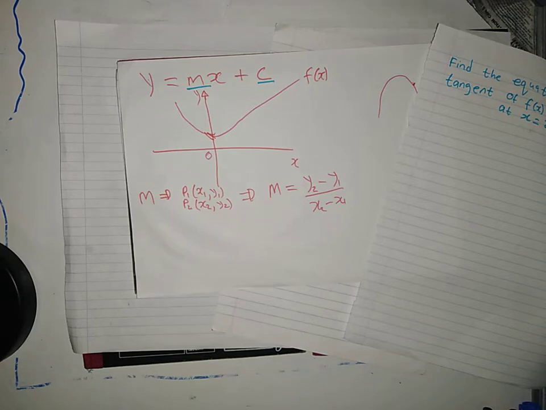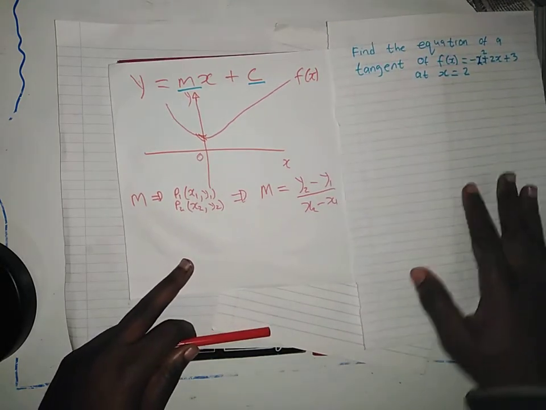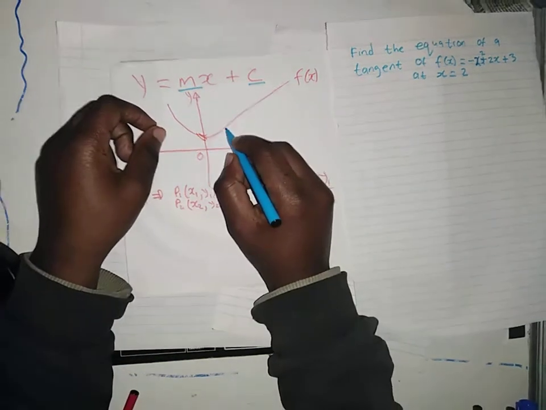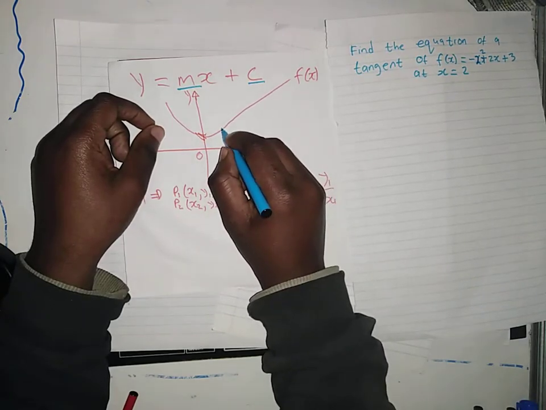But now, ladies and gentlemen, we have a curve. How do we then apply the same thing in the curve? It seems as if we're just going to try and find 2 points. Okay, let's take this first point and call it A. Let's put it here.